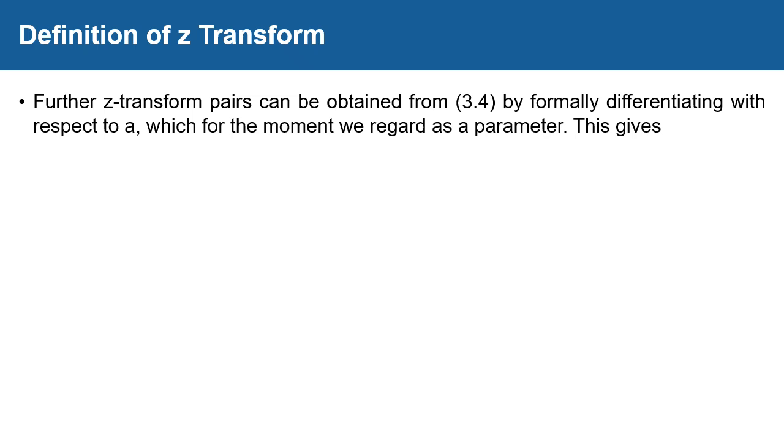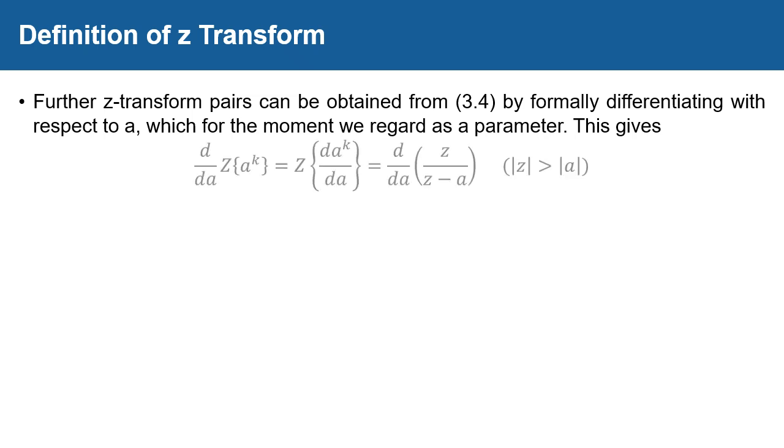Further, z transform pairs can be obtained from equation 3.4 by formally differentiating with respect to a, which for the moment we regard as a parameter. This gives the derivative of the z transform of a^k with respect to a, that is, the z transform of the derivative of a^k.